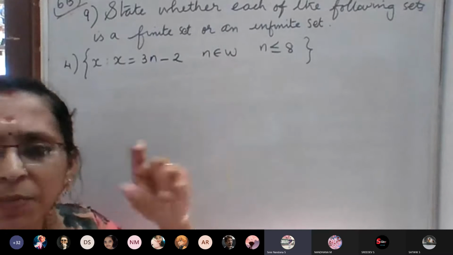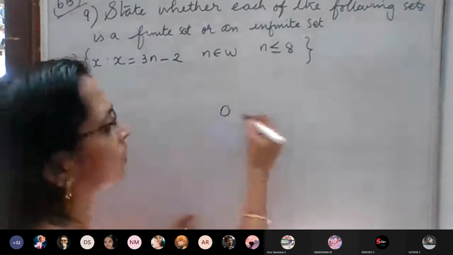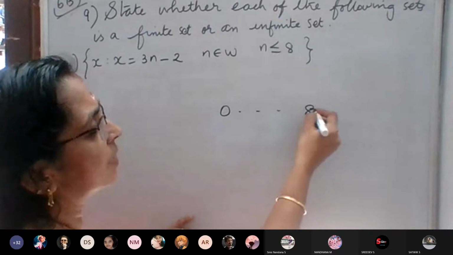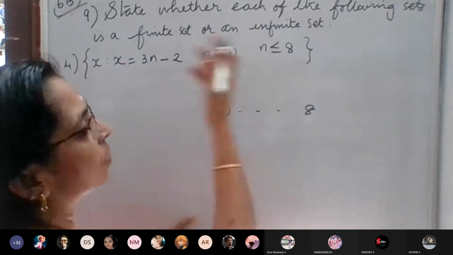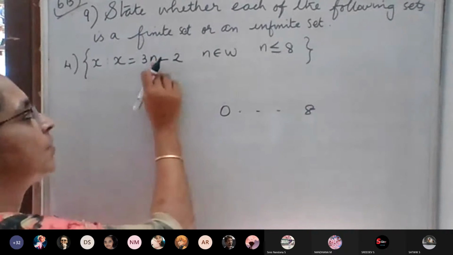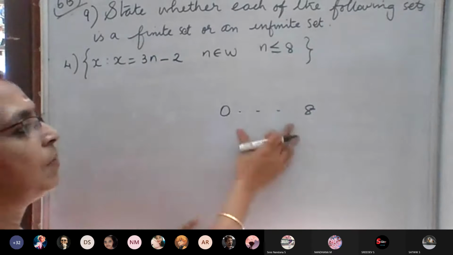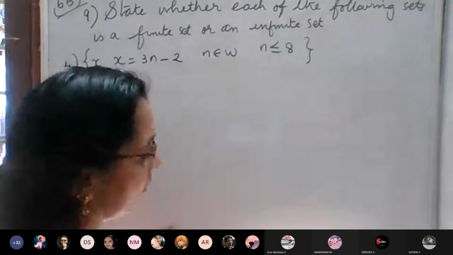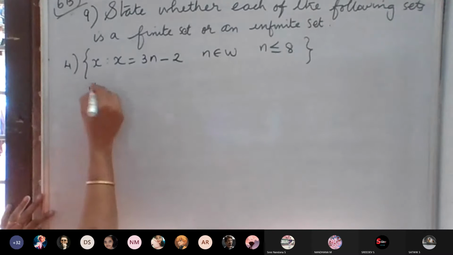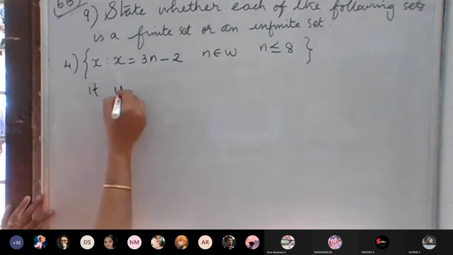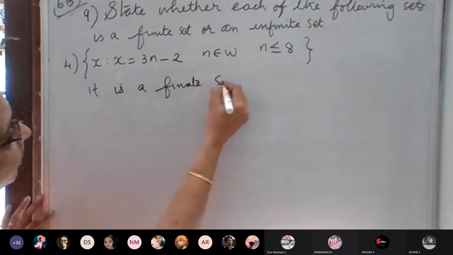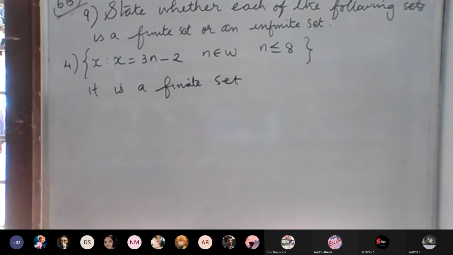N means starting from whole numbers, from 0 to 8 only. After substituting these values, we will get the values of x. So it will be a finite set.